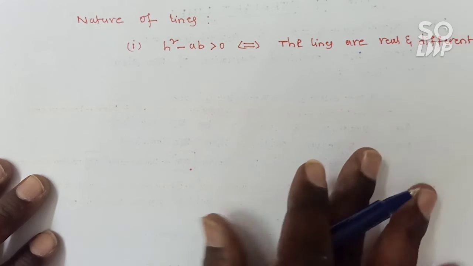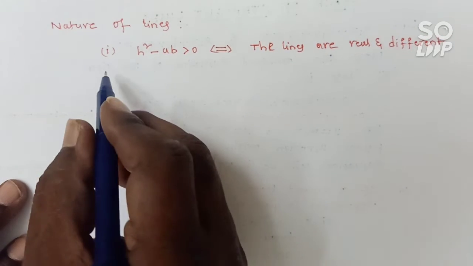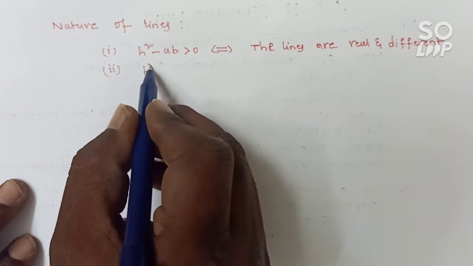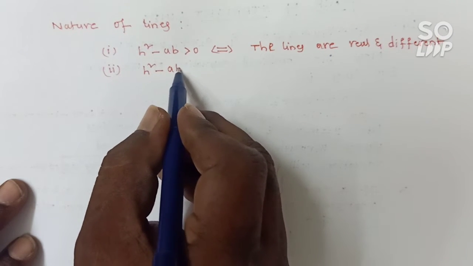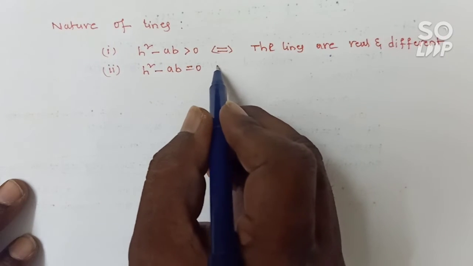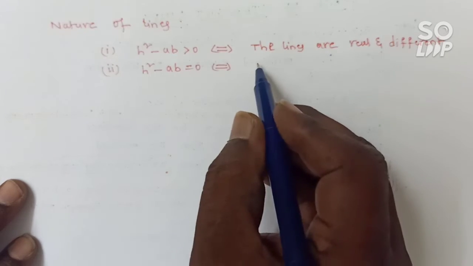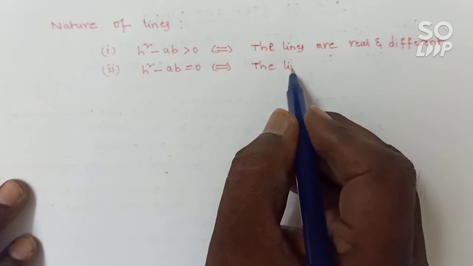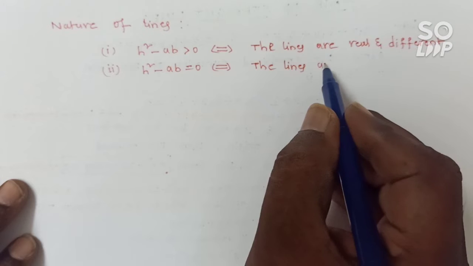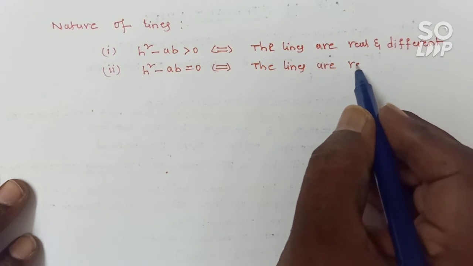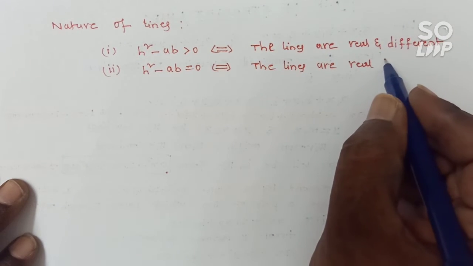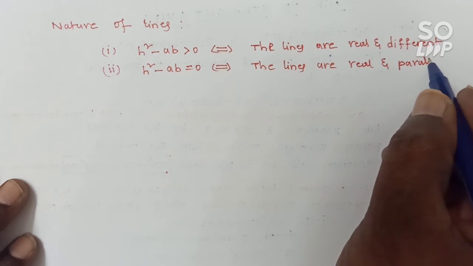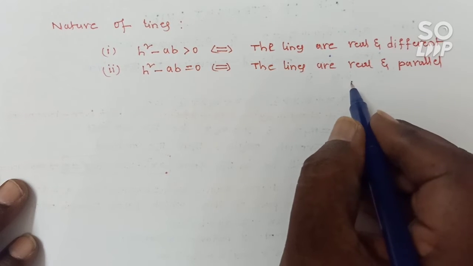And the second point is h square minus ab is equals to 0. The lines are real and parallel or coincident.